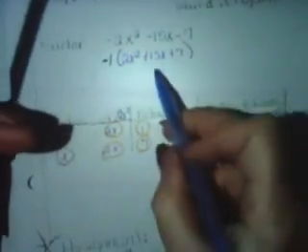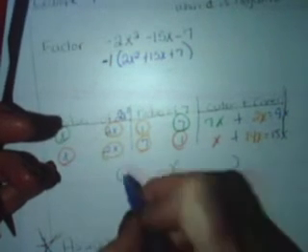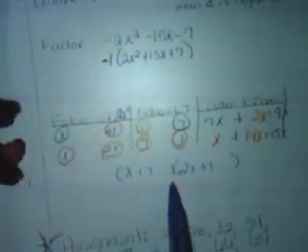Add those together, I get 15x. That's what I'm looking for. So your correct factorization is going to be x times 2x plus 7, plus 1. This is not your final answer because you have to bring down that negative 1 that you already factored out. Now there's your complete factorization.